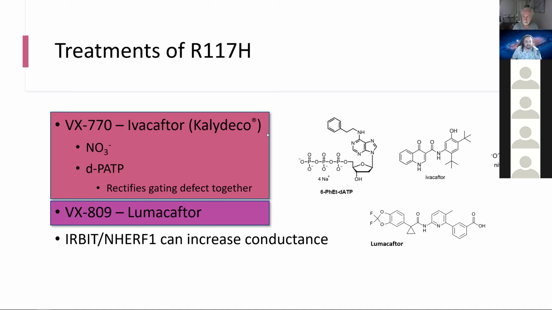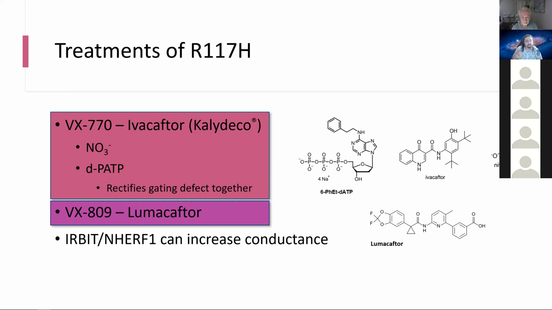There's also VX809, which is lumacaftor, which also acts as a CFTR potentiator. Also, IRBIT and NHERF1 can also work to increase conductance, but they're not drugs. They are actually expressed proteins. So IRBIT is inositol 1,4,5-triphosphate receptor binding protein.